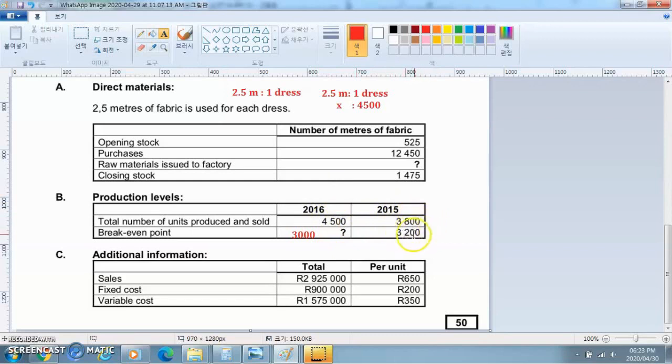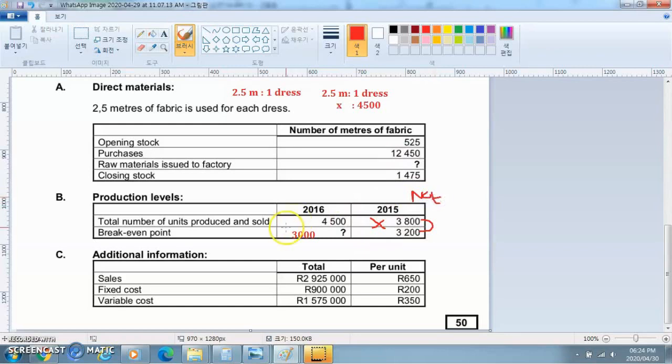It was 3,200. But if you notice the difference between their total units produced and sold versus their break-even point last year, that was very close to this one, right? So last year, their break-even point was too high compared to what? Compared to their units produced and sold. So this was not good.